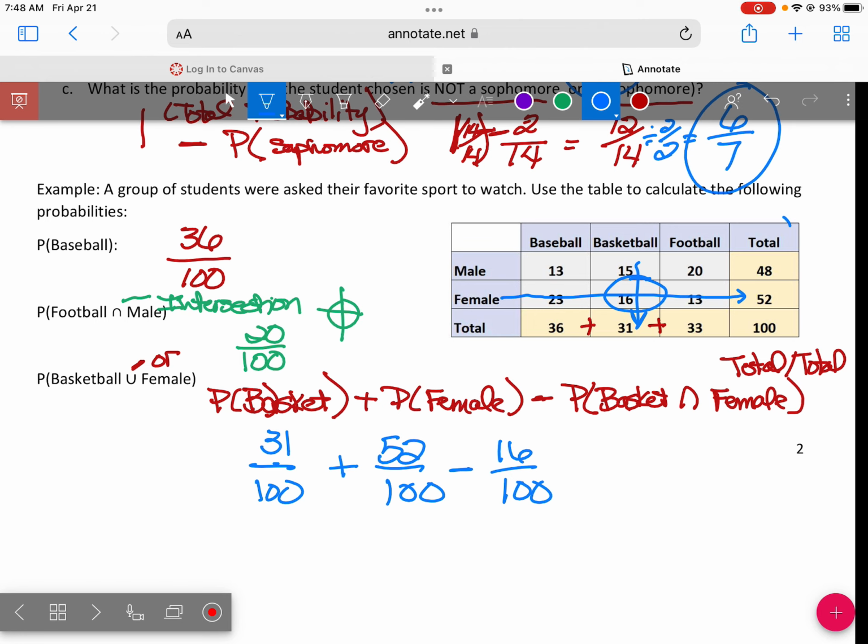Okay? So adding these together, they all have the same denominator. So I know it's going to be 100 as my denominator. So then I need to add 31 plus 52. And I get 83. And then I'm going to subtract 16.